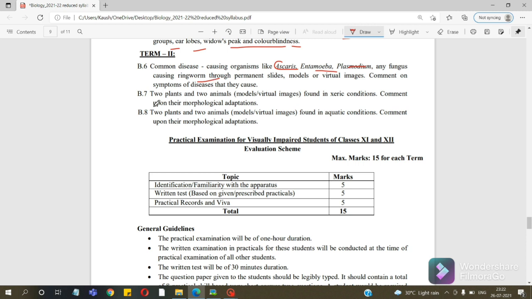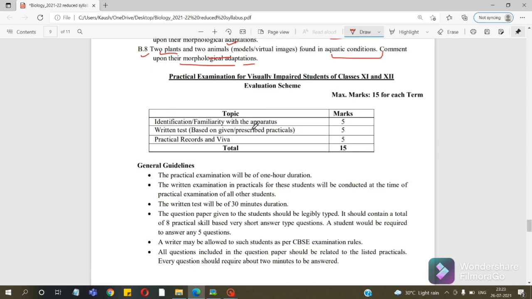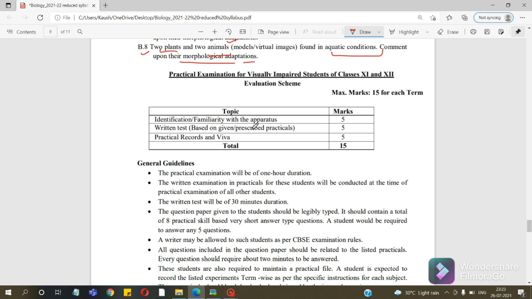In the next spotting, you have two plants and two animals found in xeric conditions, or we can say desert conditions, and you have to tell about their morphological adaptations. In the next spotting, you have two plants and two animals from aquatic conditions, and you have to tell their morphological adaptations. So in this way, your practical marks will be distributed in Term 1 and Term 2.